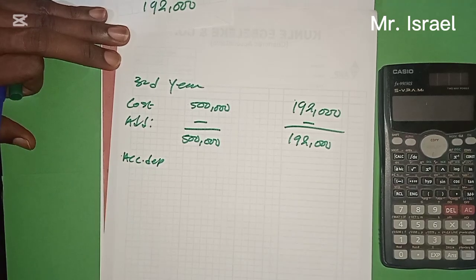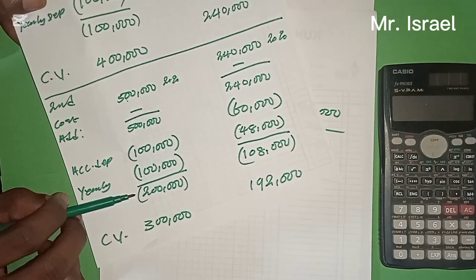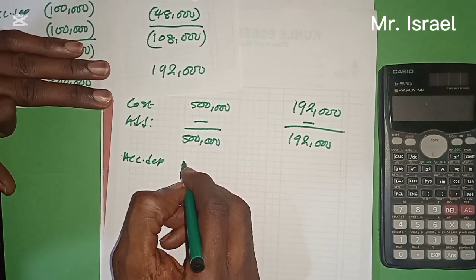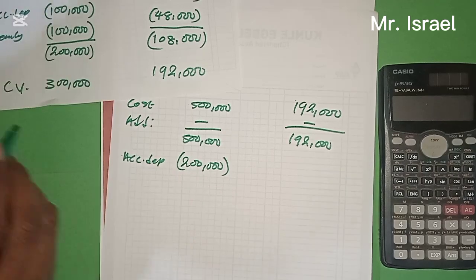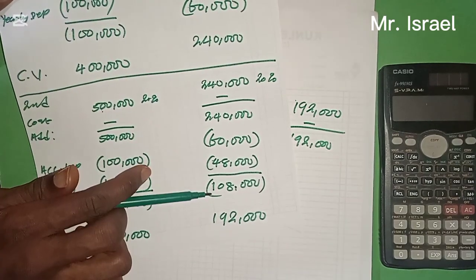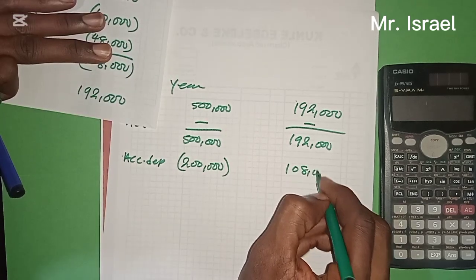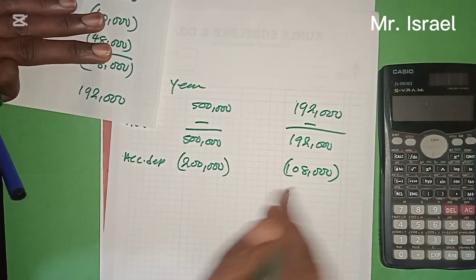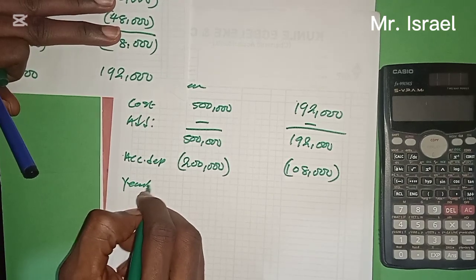The accumulated depreciation here will now be 200,000. Then the accumulated depreciation here will give you 108,000. Now let us solve our yearly depreciation.